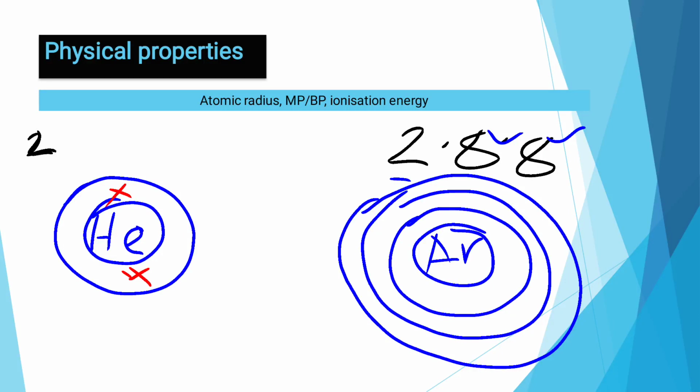We would fill it like this: the first one, 2 electrons, then the second one, 8 electrons, and then the last energy level with 8 electrons as well, and that now gives us the atomic structure of argon.